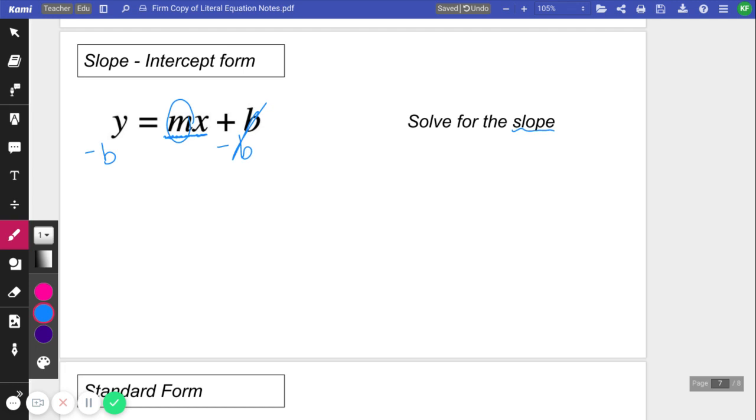I can do 4 minus 2 all day long, but y minus b, we can't take a letter away from a letter. So they just stay as y minus b. We can't simplify that at all. They're different letters. They can't combine. And then I have it's equal to mx. I'm going to divide by x to finish getting m, the slope, by itself. So m equals y minus b over x.